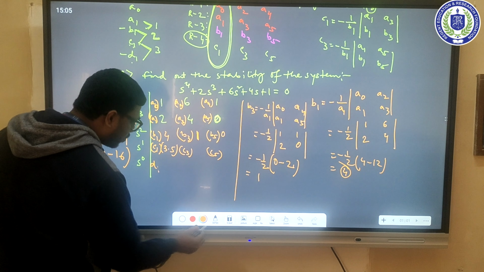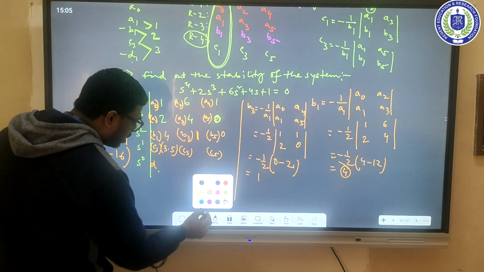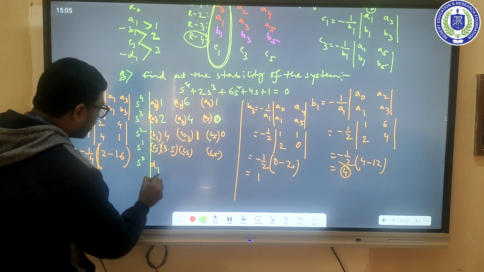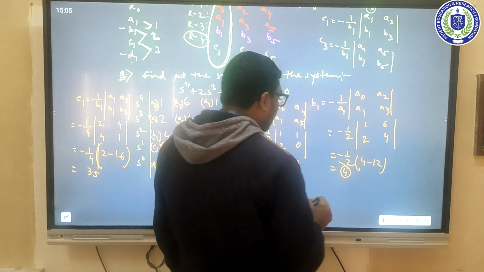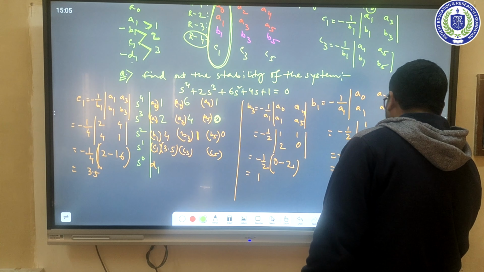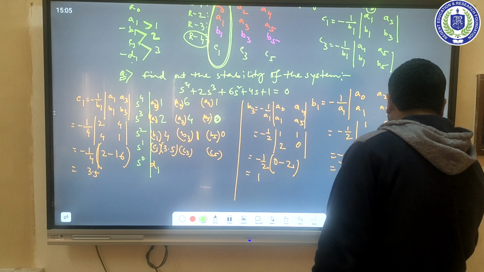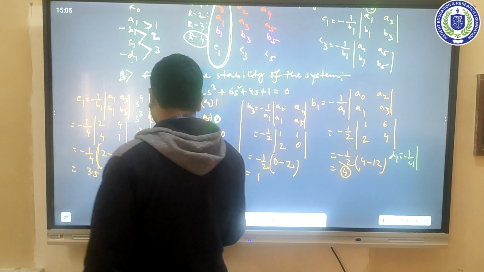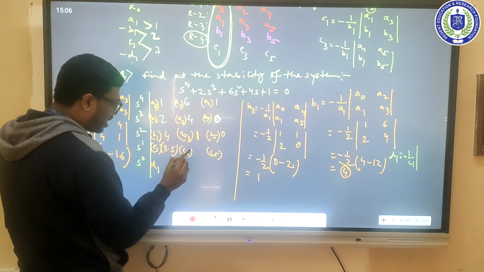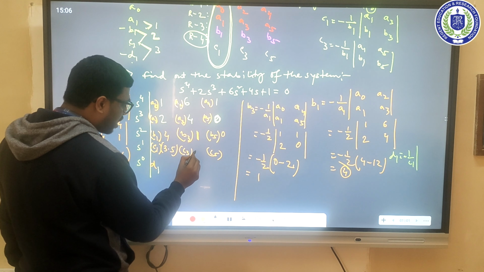Next, what we will do? We will calculate this D1. Now D1 is equal to minus 1 by C1, the determinant of B1, C1, B3, C3. So C3 also we will have to calculate.